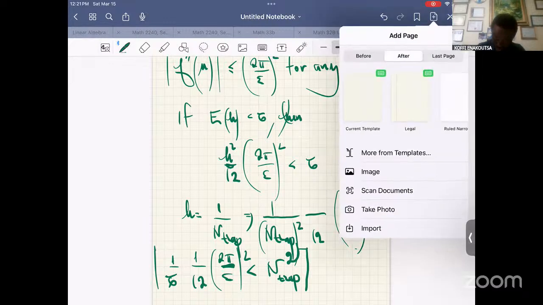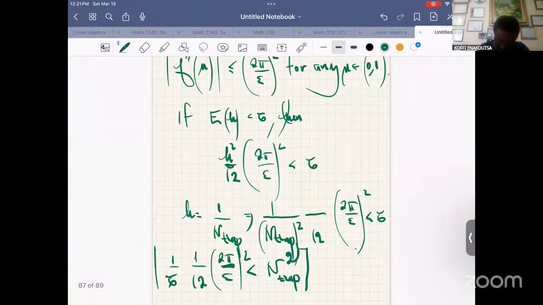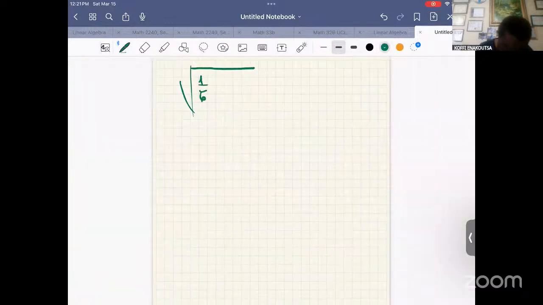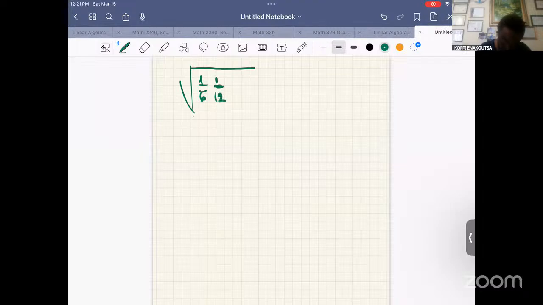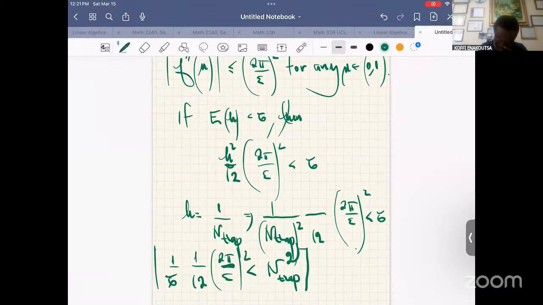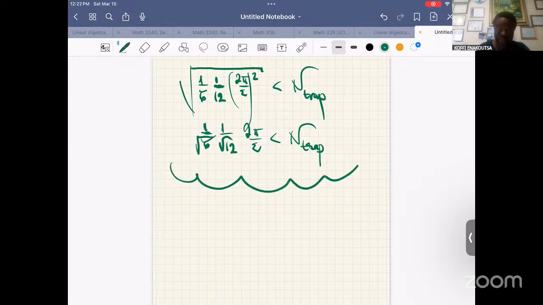So if we take the root of what I had previously, its root is 1 over root of tau, 1 over root of 12, 2 pi over epsilon, smaller than n-trap. Is it clear?